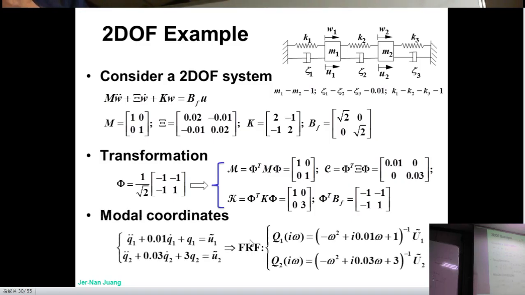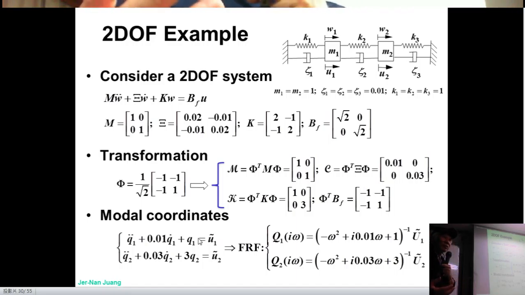So after transformation, instead of the coupled 2 degree of freedom system in the physical coordinates, where they couple together, it becomes all diagonal and they are not coupled anymore. See, this diagonal, this diagonal, this diagonal, Q1 and Q2 are not coupled at all.